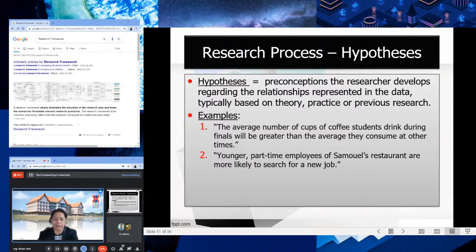For example, currently with COVID-19, a lot of hypotheses came up, such as what can prevent the disease from becoming a more serious infection in infected individuals.